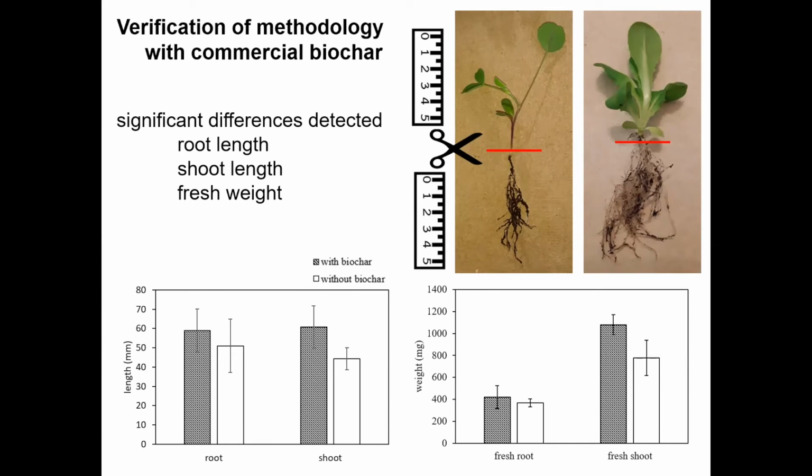It's nice to see that our methods are working with the commercial biochar, and the statistics confirm that the plants definitely benefit from the biochar treatment. So now we're ready to test Zhongzhe's used and fresh biochar of all the different agricultural wastes.